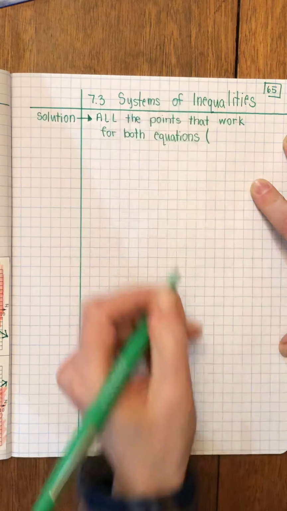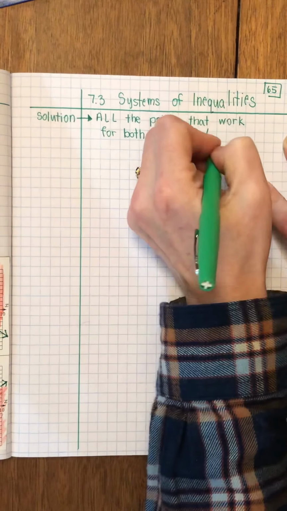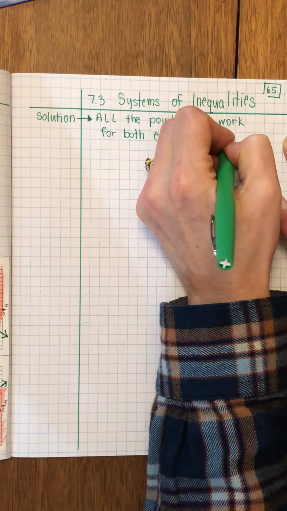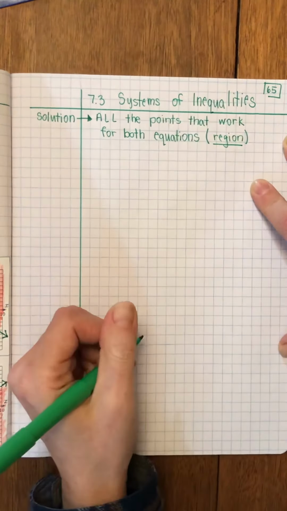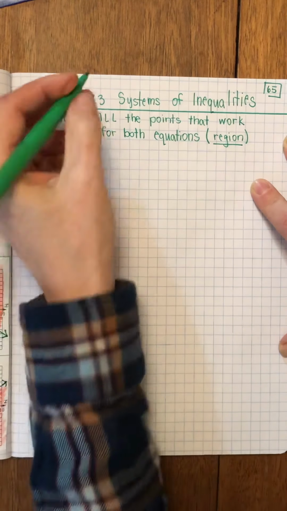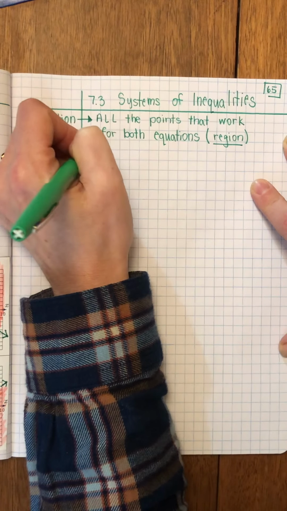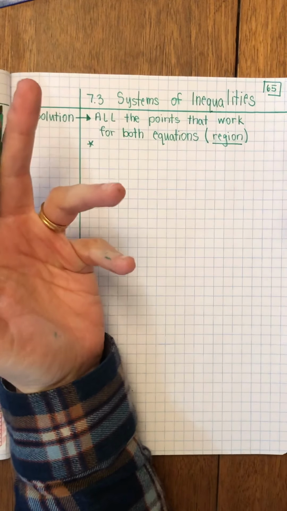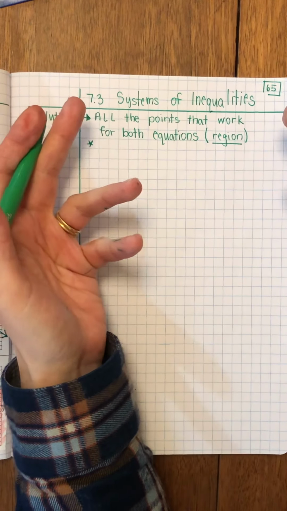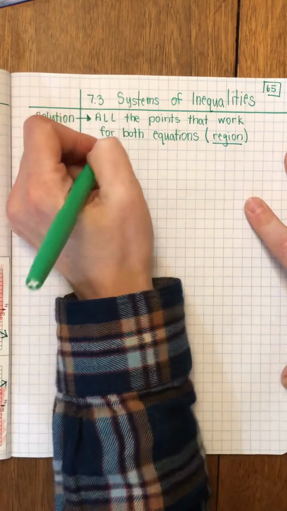So you really have to think of it like a region. It's a region. That's what the solution is. And we don't have any good symbols to show the solution to a system of inequalities other than graphing. So we must graph.